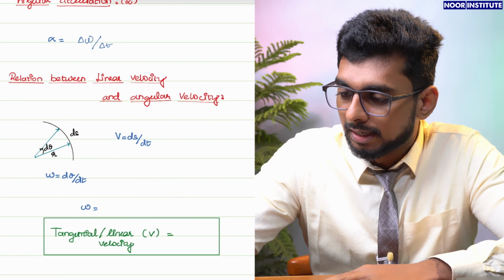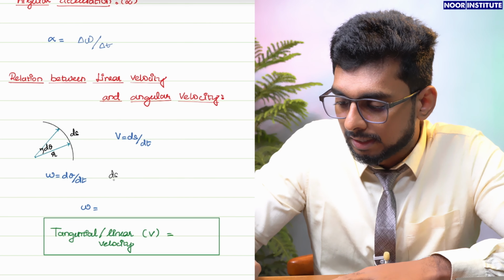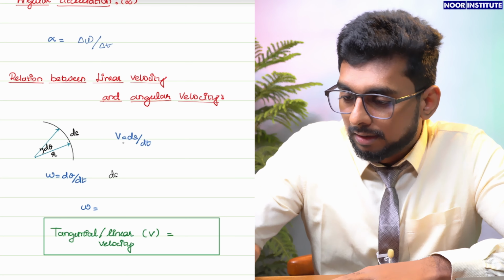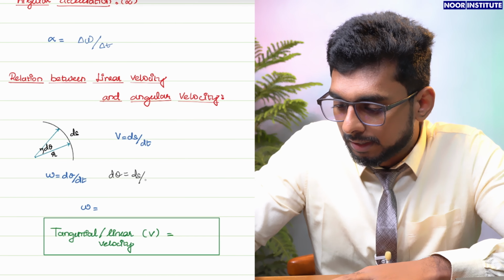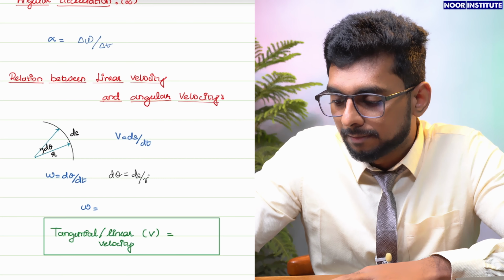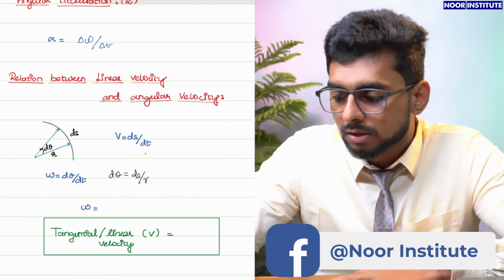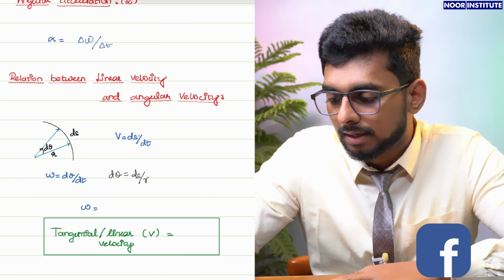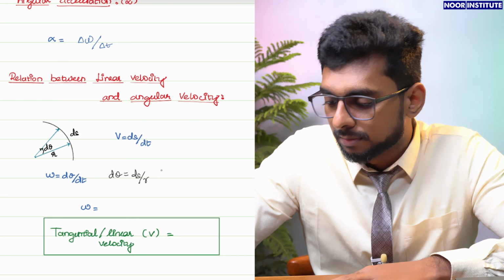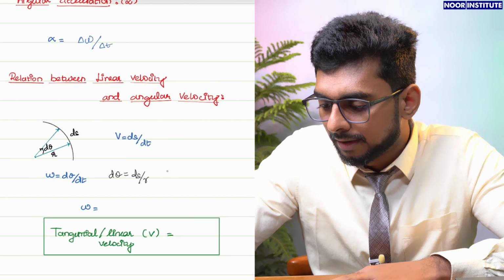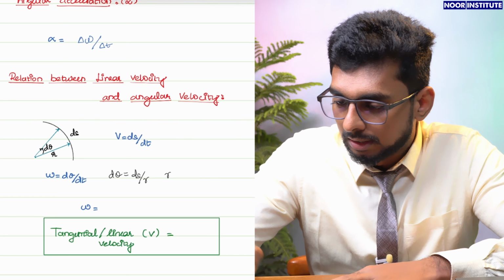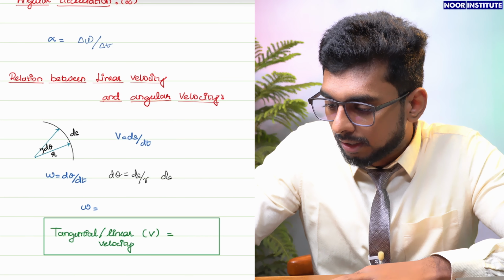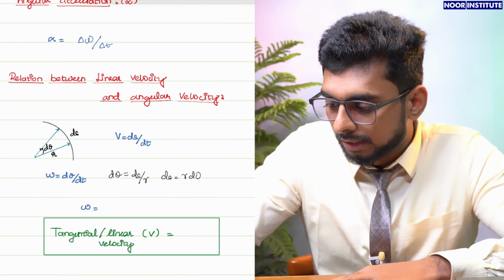So d theta will be equal to ds divided by r. What I need here is ds, so if I do the rearrangement, ds is nothing but r d theta, right?